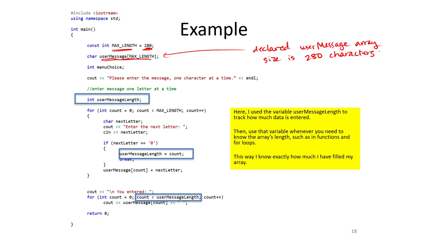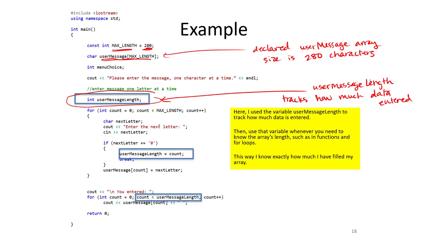But if our user is inputting data into this array, there's no guarantee that the user is always going to give us 280 characters. What if they only have 2 characters? And so notice what I did here is I declared an extra variable to keep track of how much data has been entered into that array.